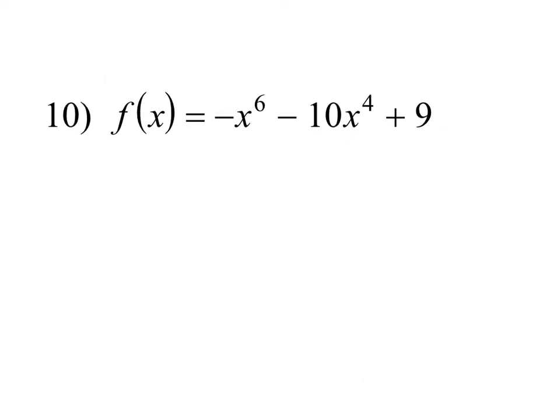Which term are we looking at for number 10? Negative x to the 6th power. Everything else doesn't matter. Is this negative x to the 6th power positive or negative? It's negative. So does the right arrow go up or down?